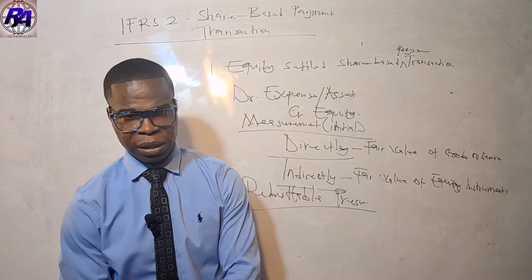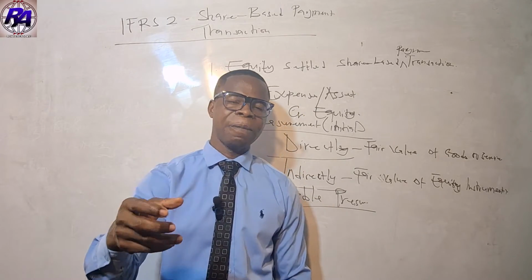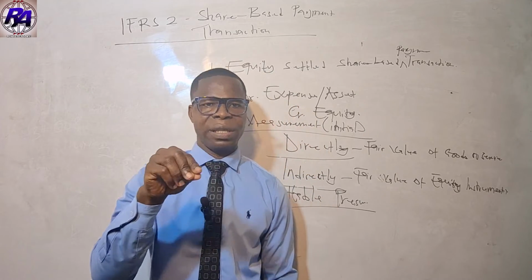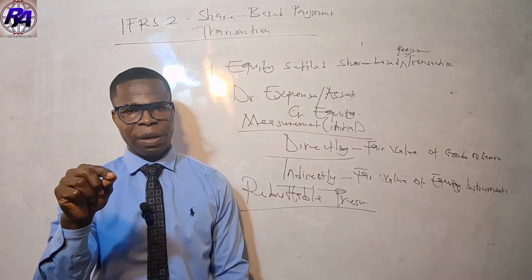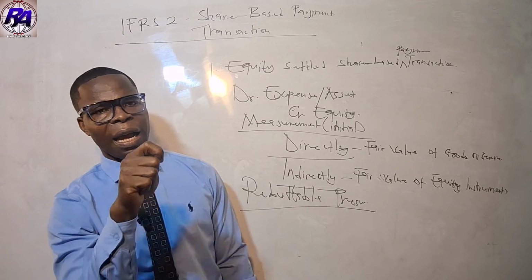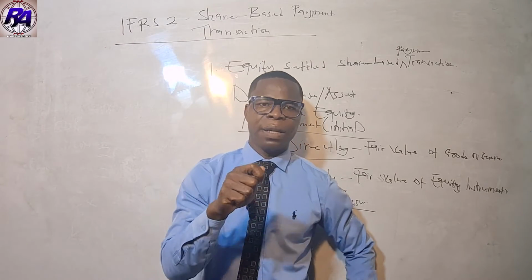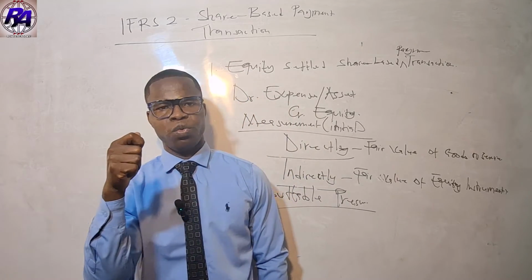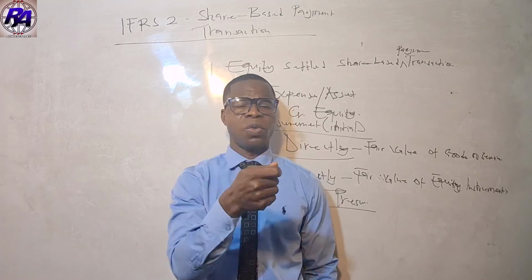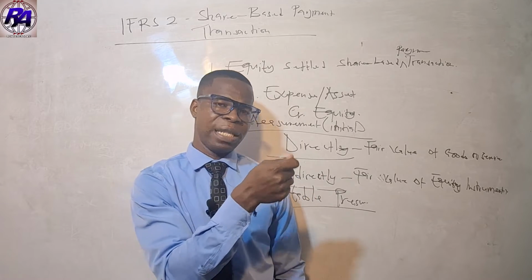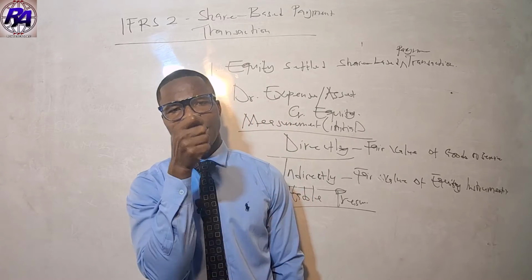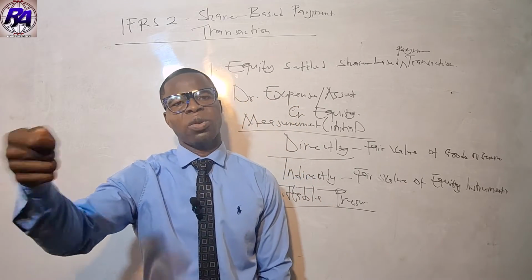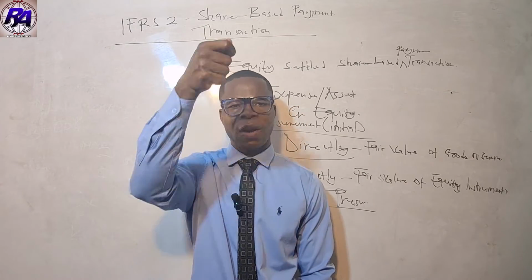Now let's look at other important principles governing equity settled share-based payment. When an entity is granting an equity instrument or a share option to an employee based on the services rendered by the employee, sometimes the issuance of the equity instrument or share option comes with conditions.